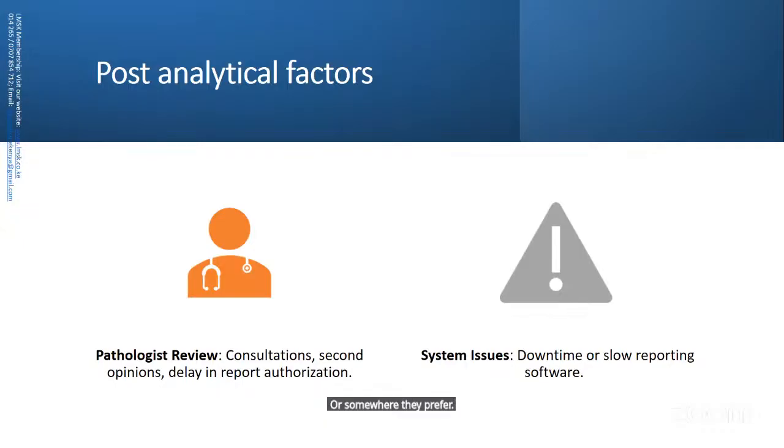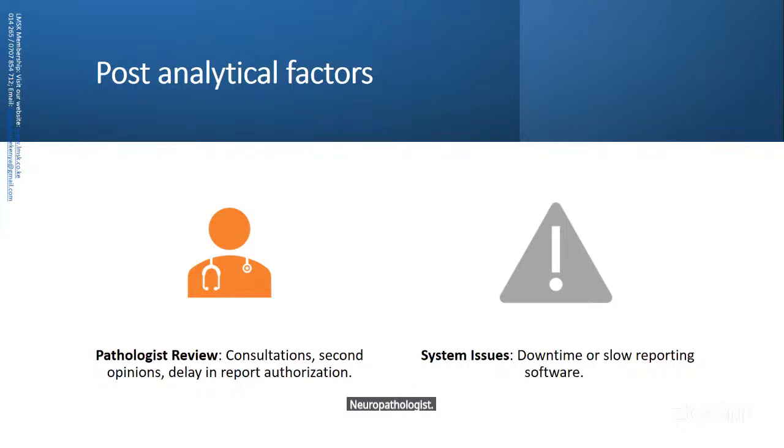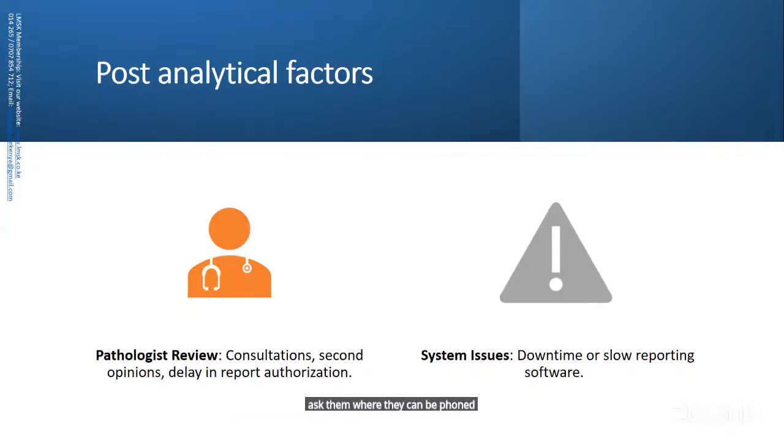If it's a brain tissue and the pathologist finds it difficult to report, they'll have to consult a neuropathologist. That will also take time, because you don't just find them where you are. You'll have to call them and ask where they can be found. So that will also affect your TAT.